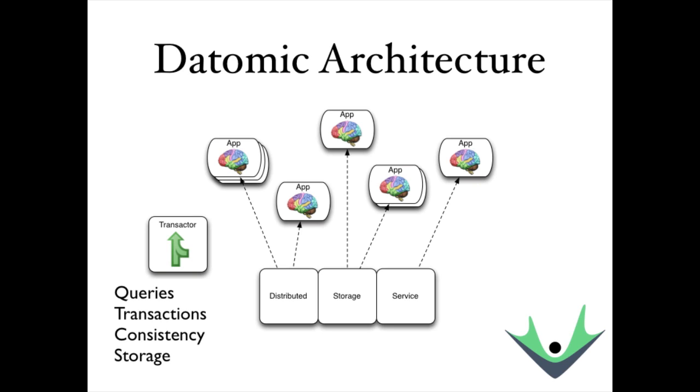So applications that have novelty or change that they want to introduce into the system will send it to the transactor. The transactor, in turn, will make sure that it makes it into storage and will reflect it back to the other applications so that everyone has a current view of the world. And this is basically the way Datomic works.